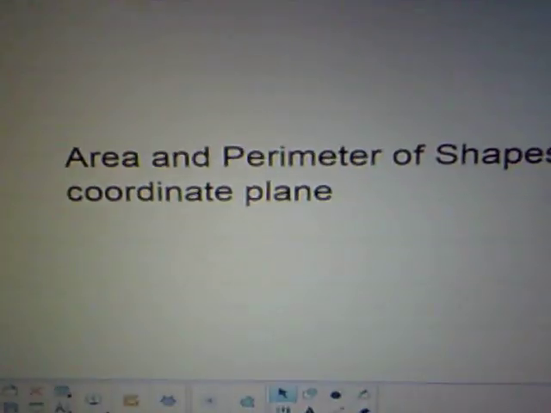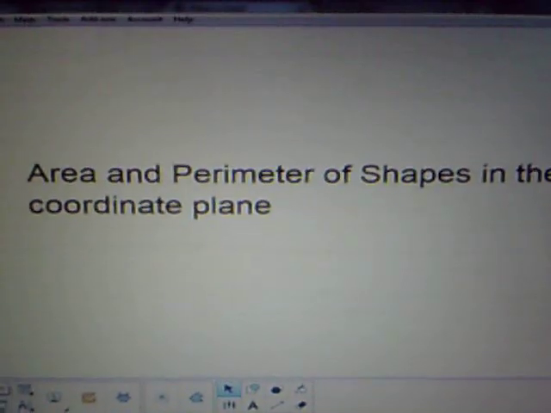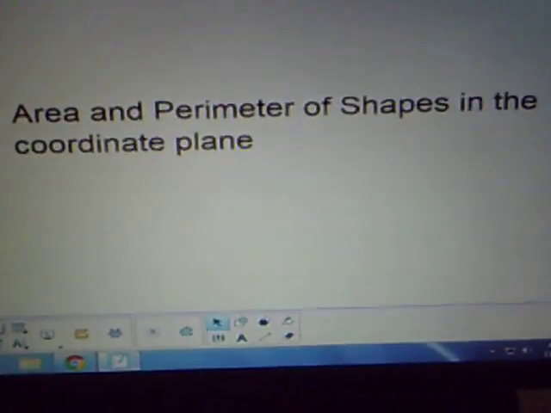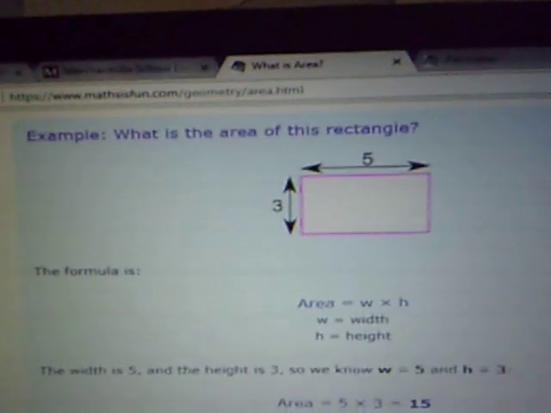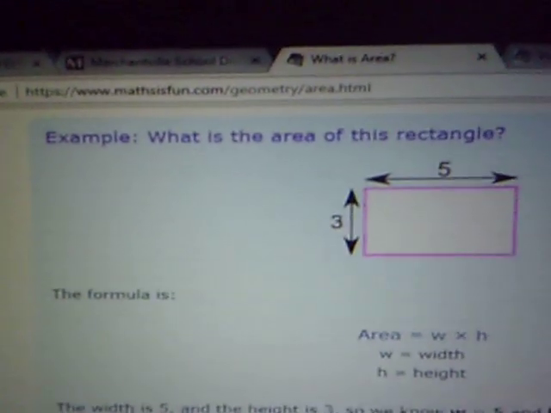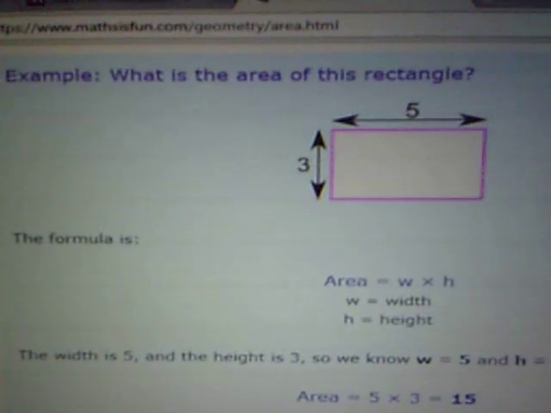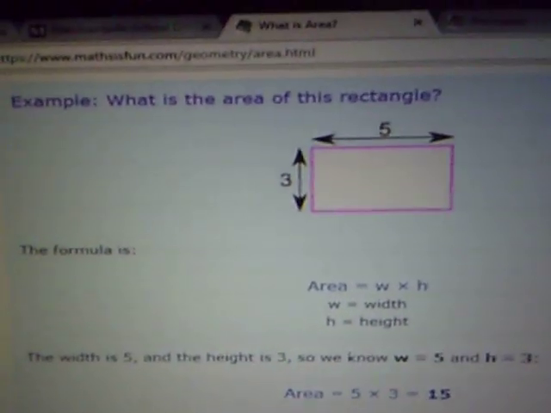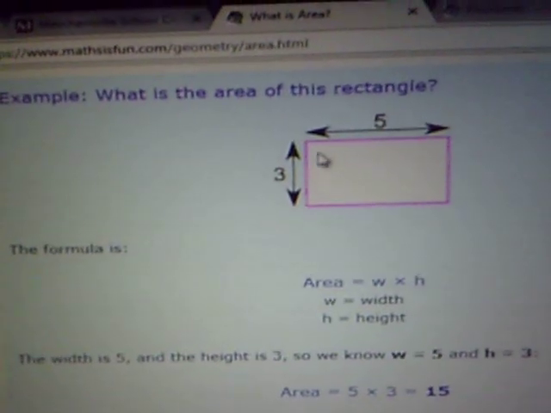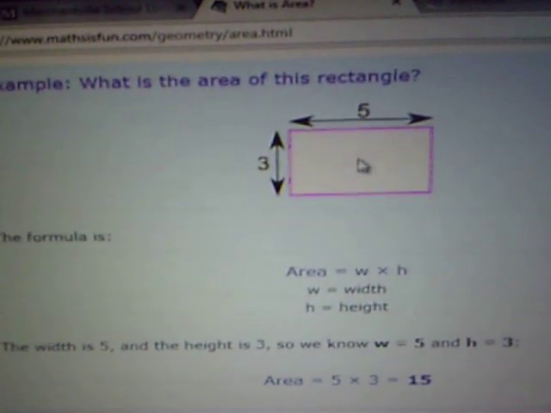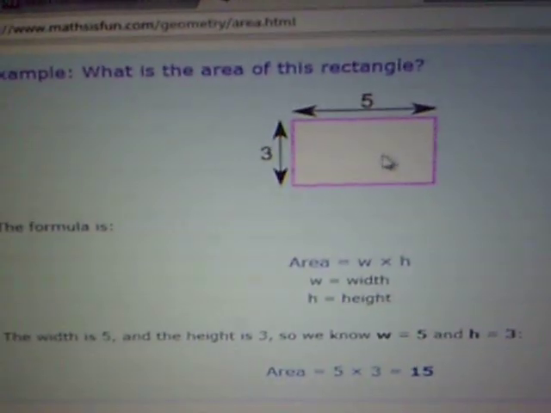First, in order to find the area and perimeter of shapes in a coordinate plane, we must understand what the area and perimeter are. This is from a website called mathisfun.com, a very helpful website for all math topics of all grades. The area represents the amount of space inside a two-dimensional shape.